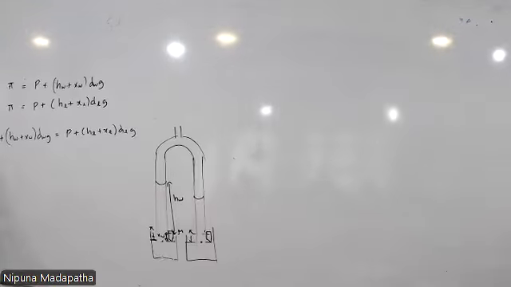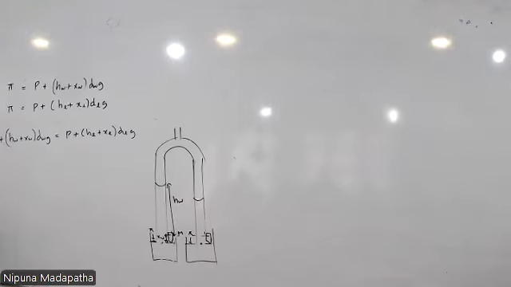So if you wrote this expression, you have 1 mark. You can start from here, straight away equating the pressures without writing those two. Again, P cancels, g also cancels.